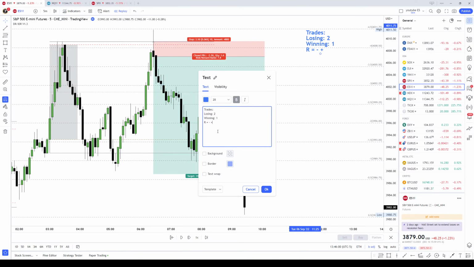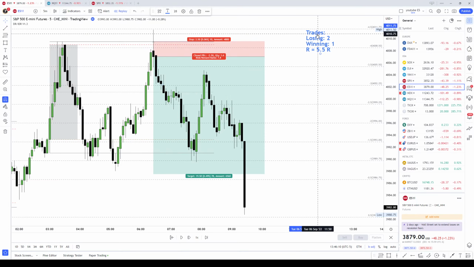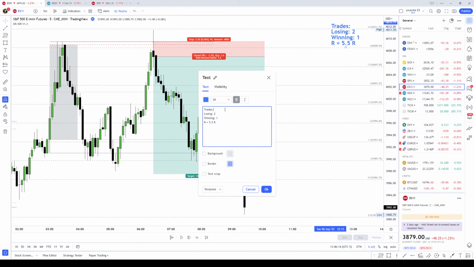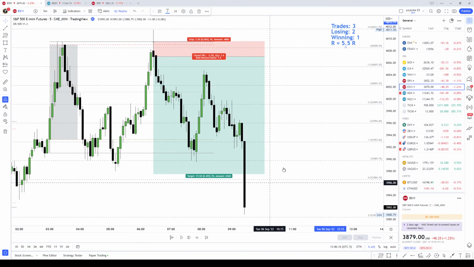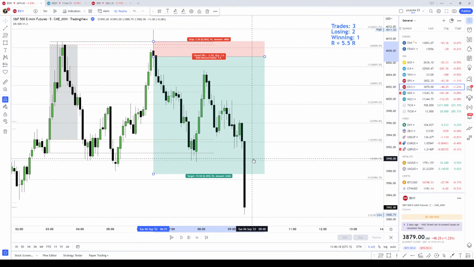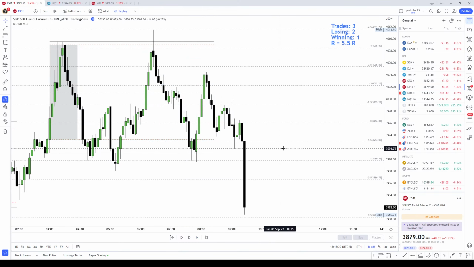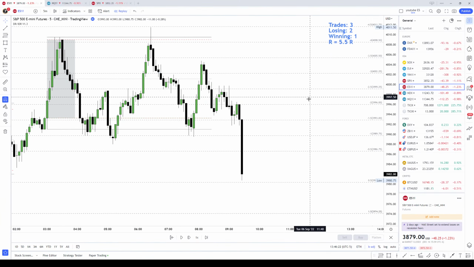That brings us to plus 5.5 R. Total trades 3. Okay, that's that one. So let's continue.